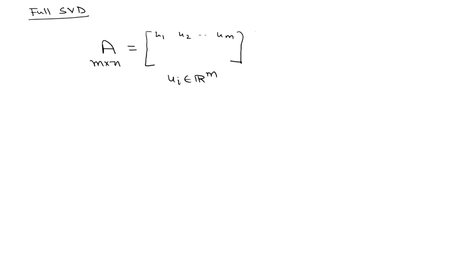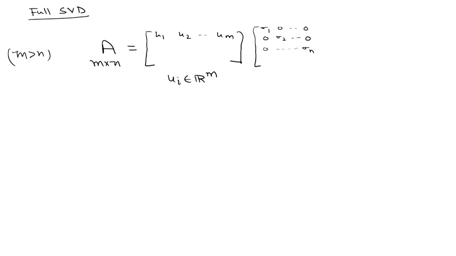Here my matrix S will be of size m by n. Let us take a case first: m is greater than n, meaning you have more rows than columns in matrix A. Then S will be written as sigma 1, 0, 0, 0, sigma 2, 0, 0, 0, and then sigma n here.